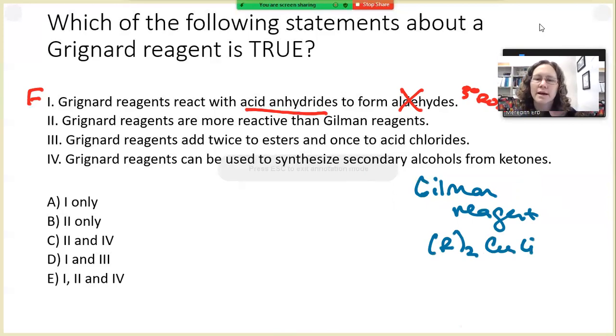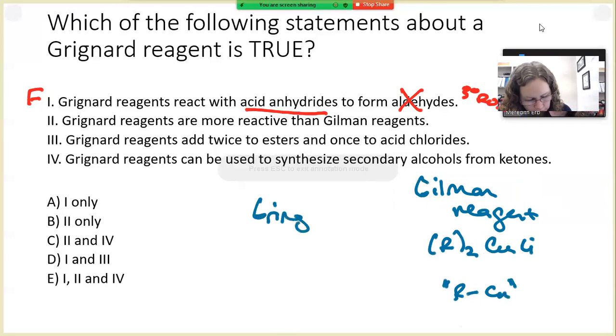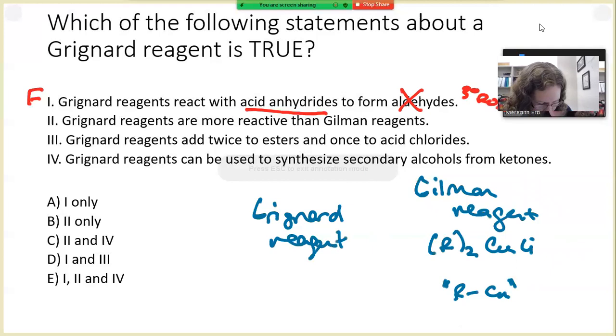So in this instance, the Gilman reagent basically has an R to copper bond versus the Grignard reagent, which has an R to Mg bond.